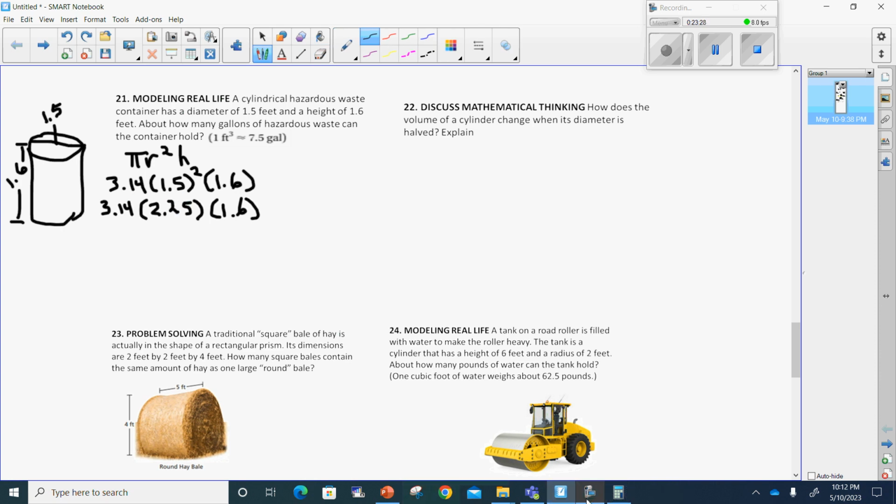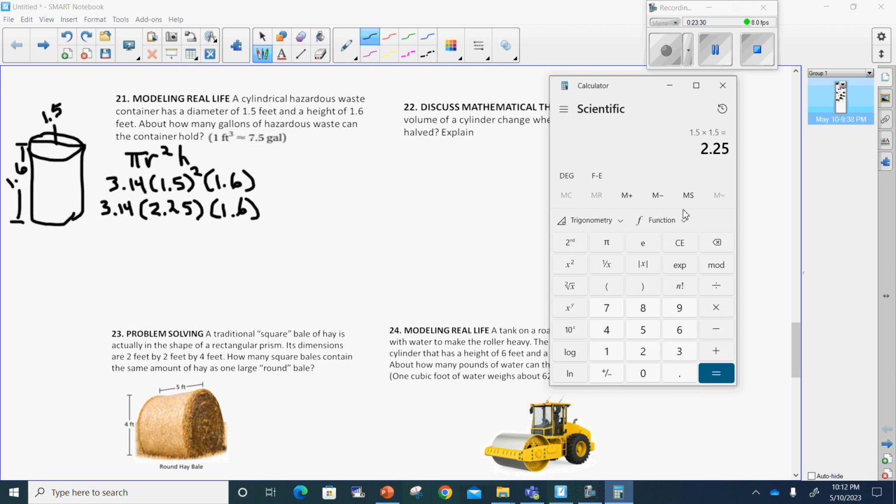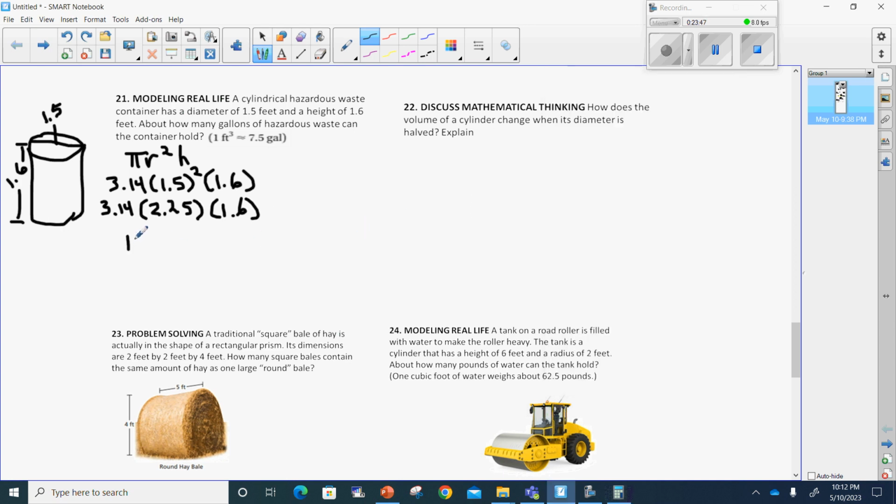Now I got to multiply all these numbers together. I got 2.25. I'm going to multiply that to 3.14. And then I'm going to multiply that to 1.6. That's going to equal 11.304.